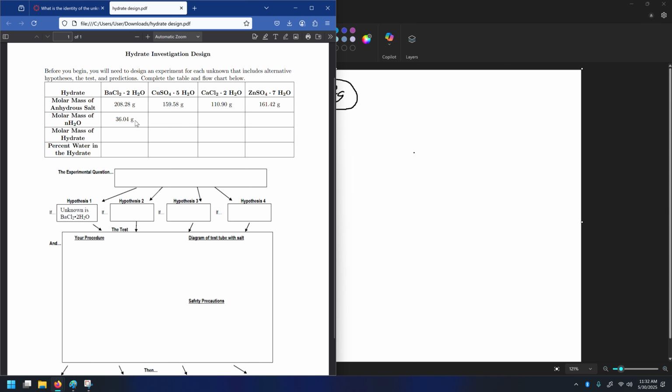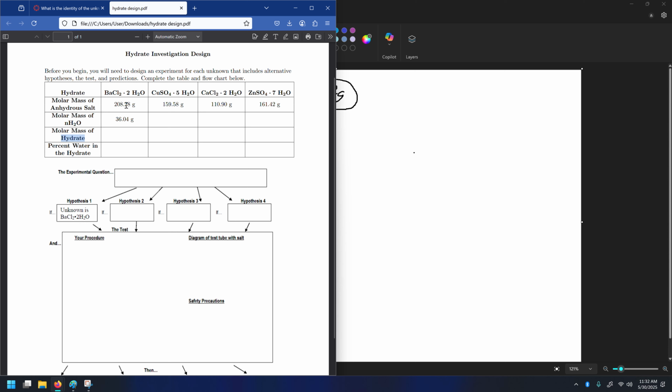And so, in the next part of my calculation, we're looking for the molar mass of the hydrate. Well, it stands to reason that the molar mass of the anhydrous salt plus the molar mass of all of the waters in that salt should be equal to the molar mass of the hydrated salt.